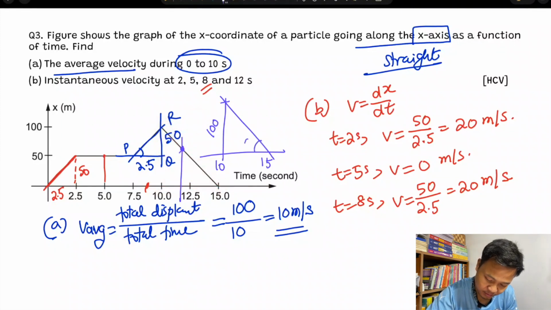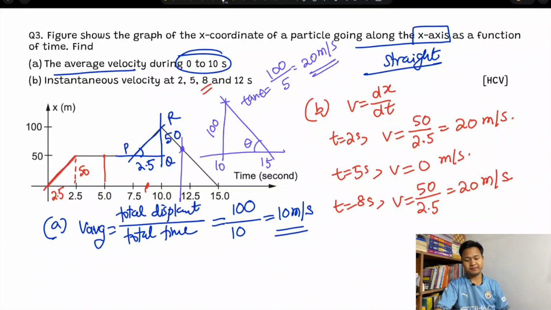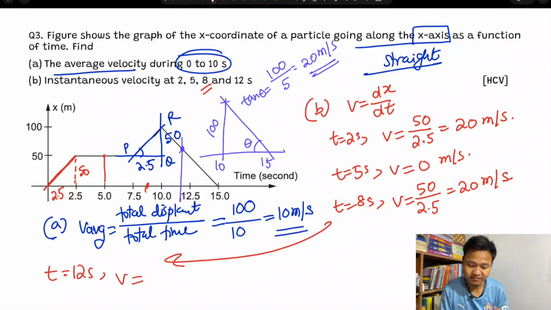For example, theta here, tan theta is the slope. So tan theta is equal to 100 divided by 5, which is nothing but 20 meter per second in magnitude. Okay. Now at t equals 12 seconds, what is the velocity?